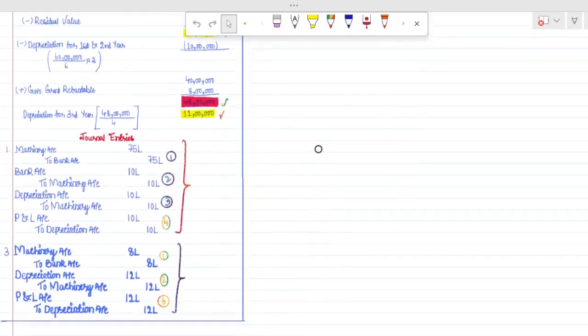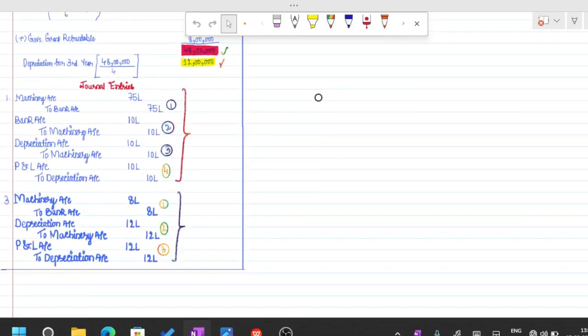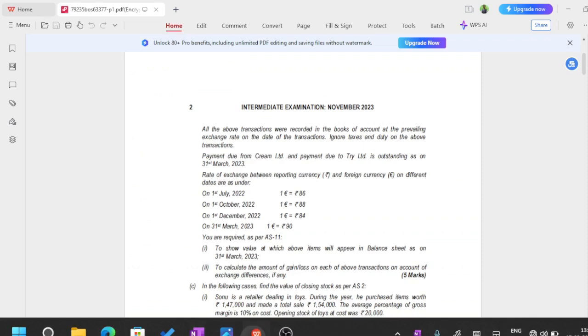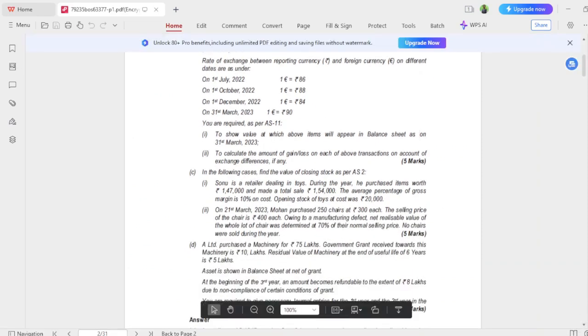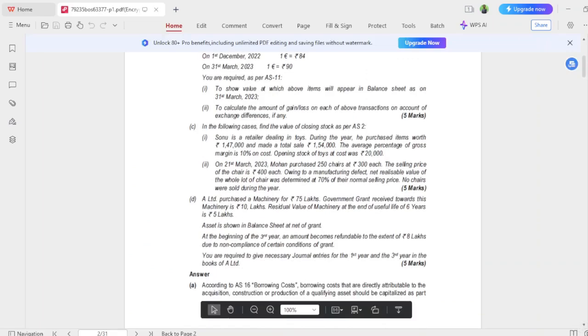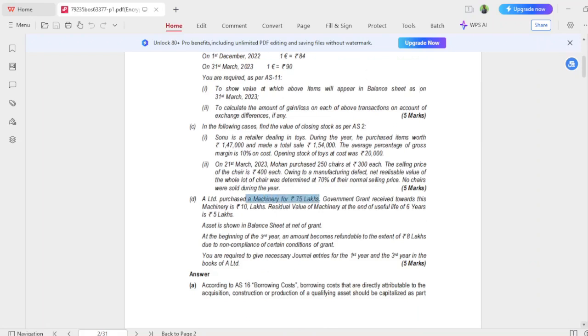Now I will cater to the question of AS12. A Limited purchased machinery for 75 lakh. Government grant received towards this machine is 10 lakh.